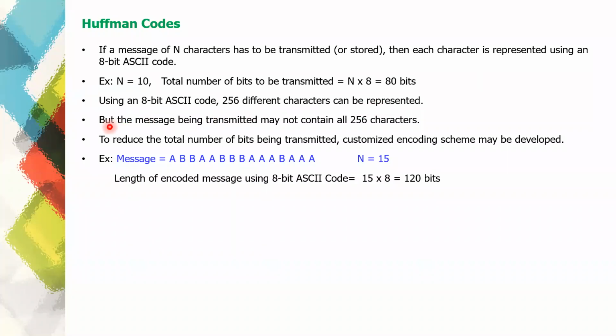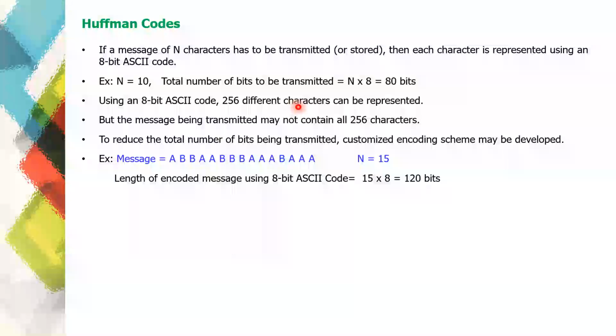But considering only your message that is being transmitted, it may not contain all 256 characters. You can see that in this particular message, only 2 characters are being used, capital A and capital B. Not all the 256 different characters are being used.